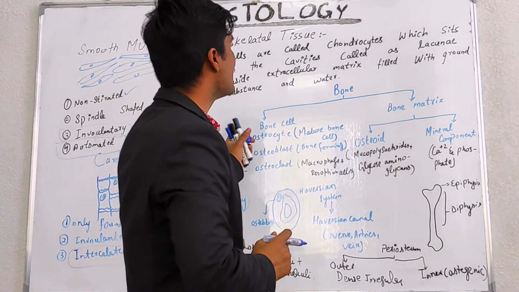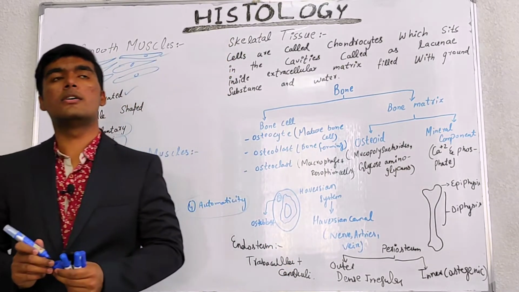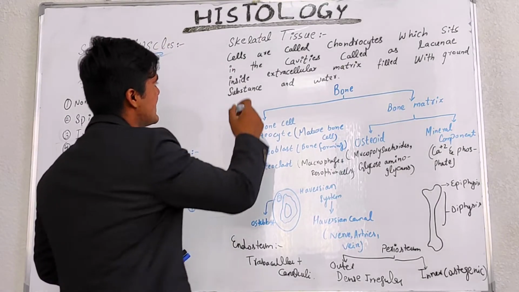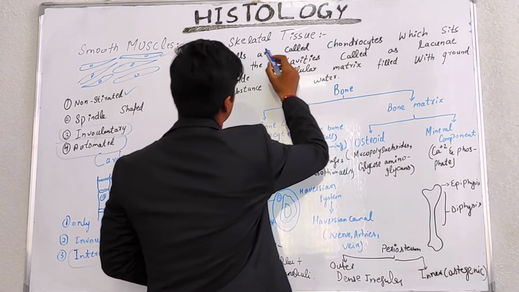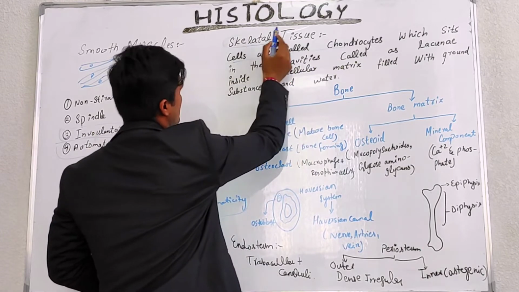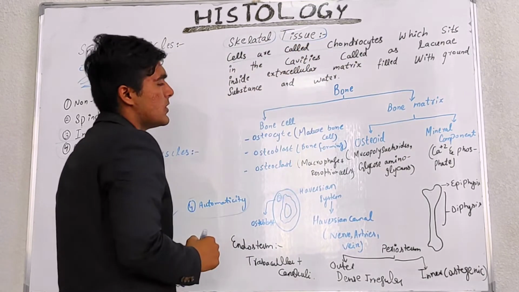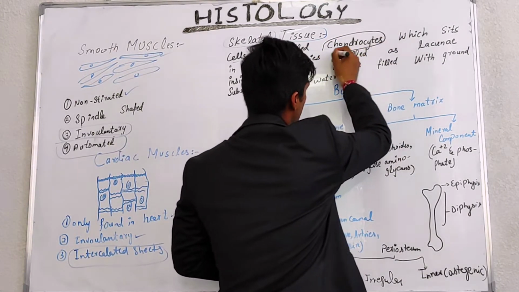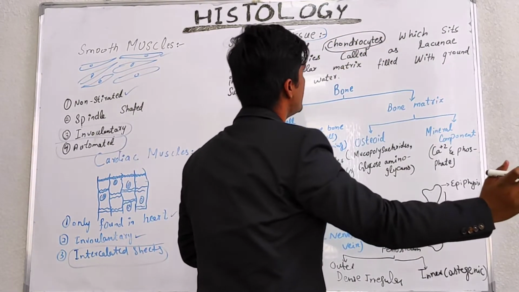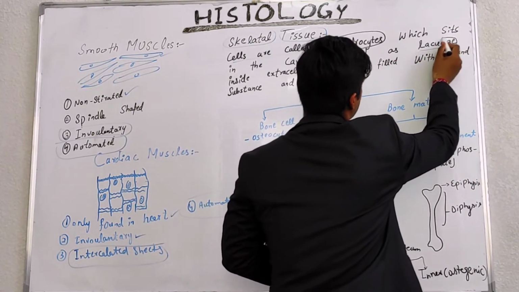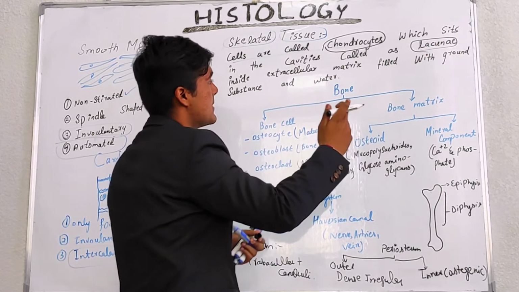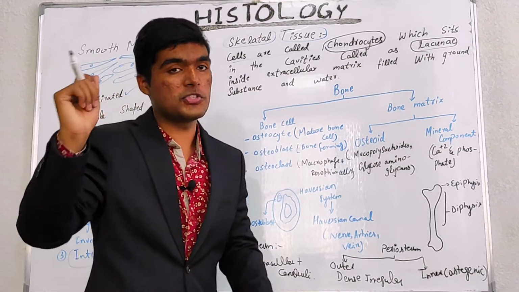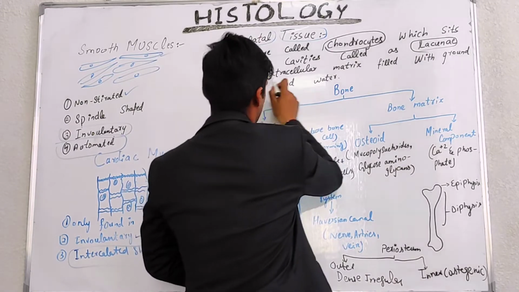Now when we talk about skeletal tissue, as we focus on the name, skeletal tissue basically has cells called chondrocytes. These chondrocytes sit in cavities that we call lacunae, and those lacunae are placed inside the extracellular matrix, which possesses ground substance and water.